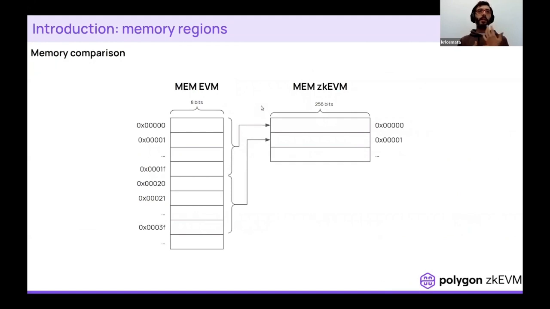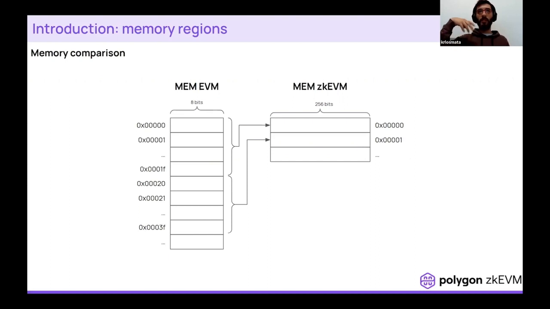What are the differences between the memory in the zkEVM and in the EVM? Basically, the memory in the EVM is made of slots, and these slots occupy 8 bits. What we have in the zkEVM are memory slots that occupy 256 bits. So we need a mapping between the EVM and the zkEVM that we need to handle.